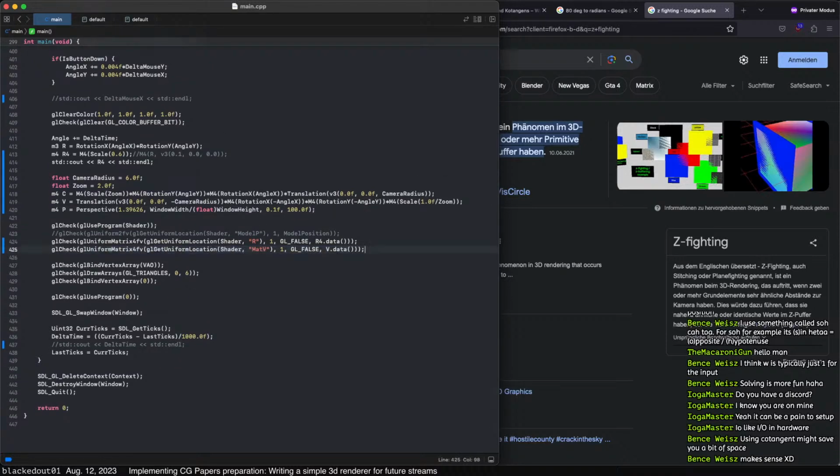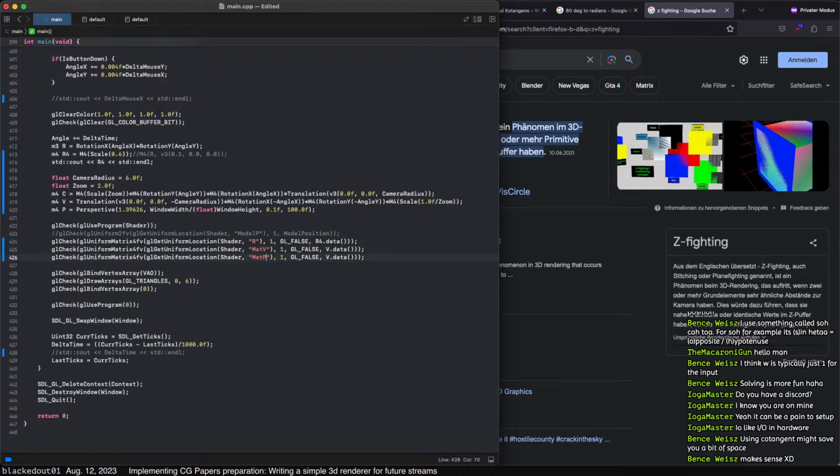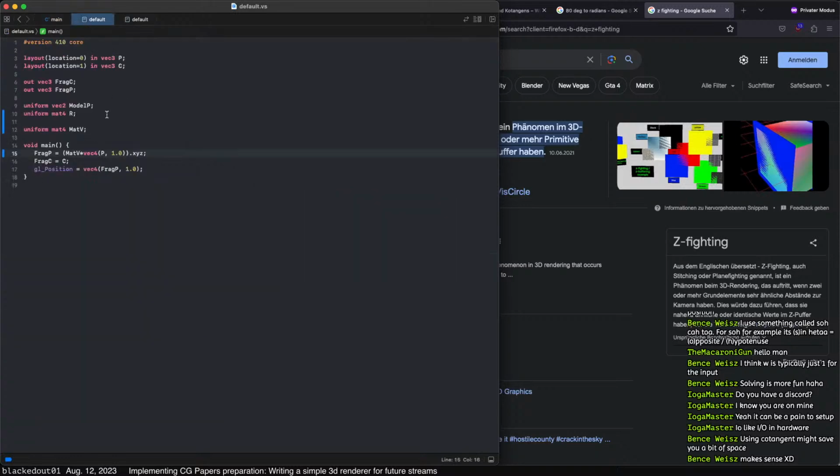And now the last thing we need to do is input this into the shader. And then we need to pray that it works. So I want to create a transform point.